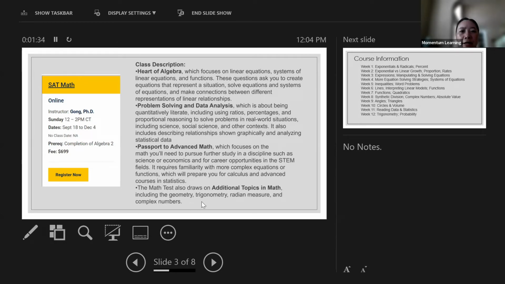And then there are some problems also for the advanced math, which have some complex equations, functions, and some trigonometry, complex numbers, radian measure, things like that.